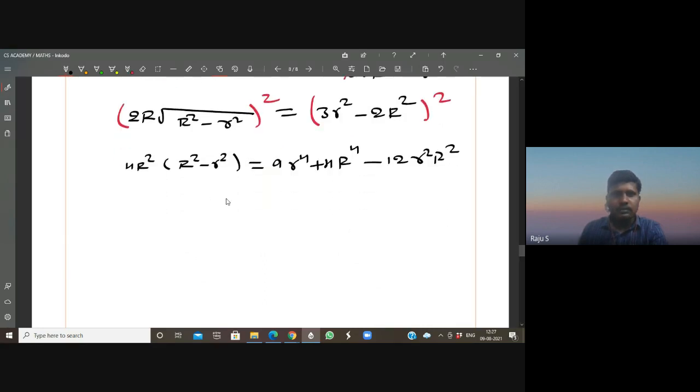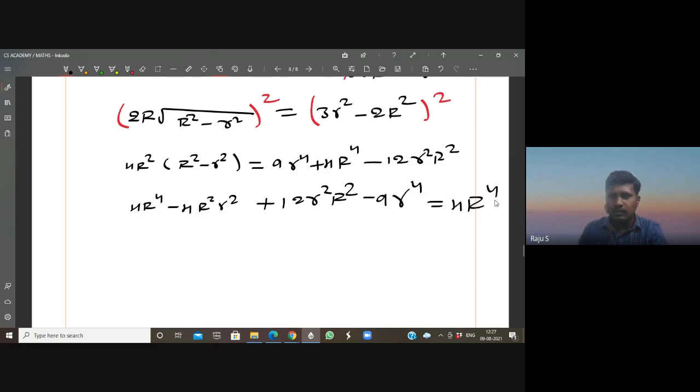So all values you can take at one side, the smaller values. So this is 4r to the power of 4 minus 4 R square small r square, minus into minus plus 12 r square capital R square minus 9 r to the power of 4 is equal to 4 r to the power of 4.